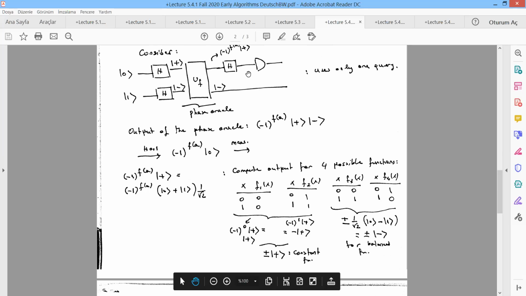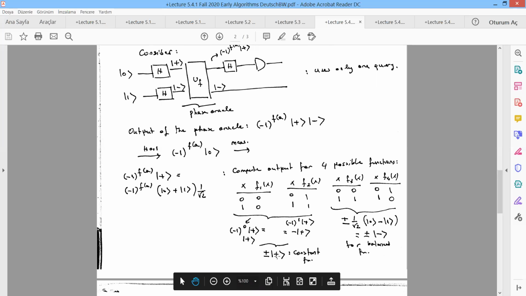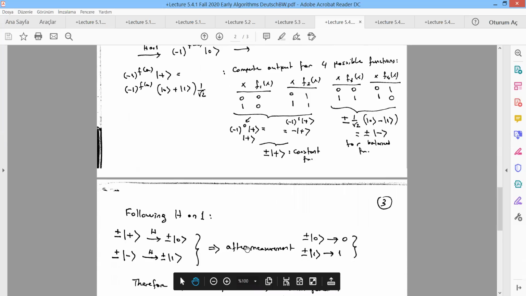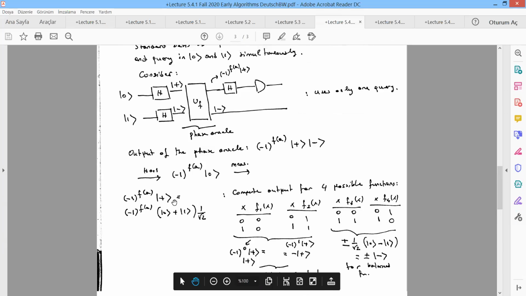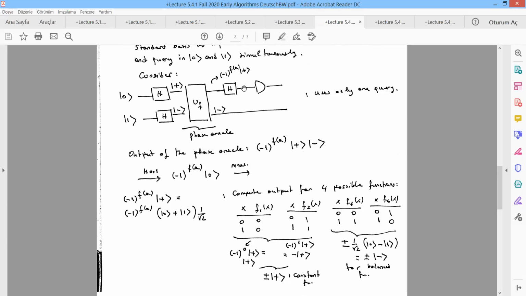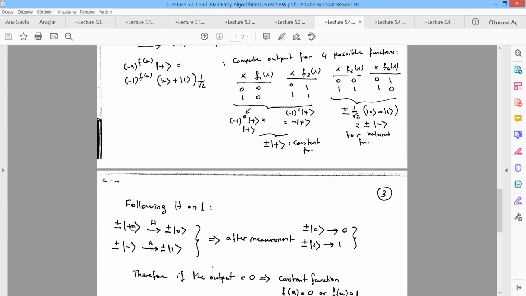So if you apply a Hadamard on plus minus plus state, you would obtain a plus minus cat 0 state. Now over here I have plus minus cat plus state. So if we apply a Hadamard on this, this plus state would be converted to a 0 state, but the phase in the front remains, plus minus 0.